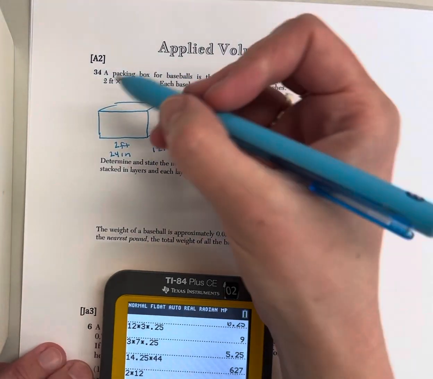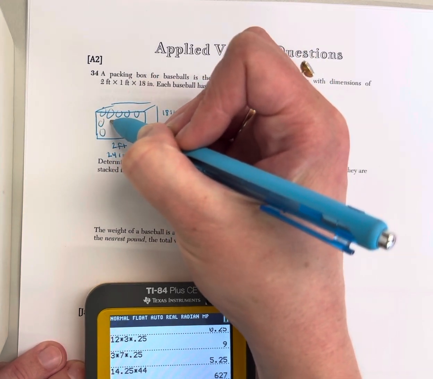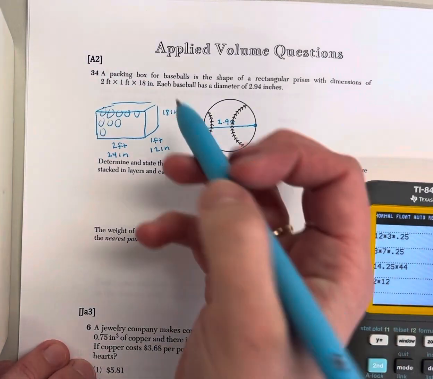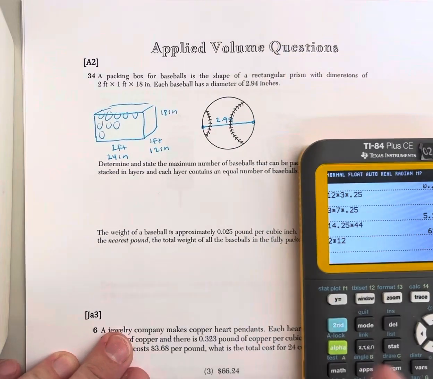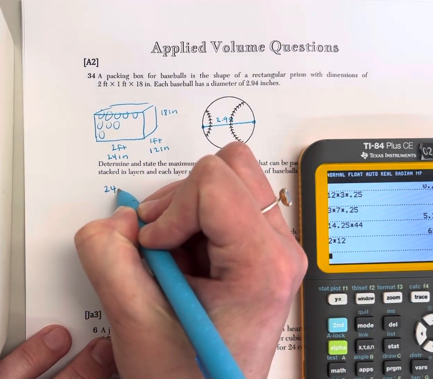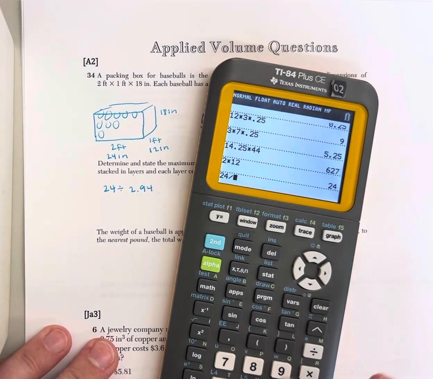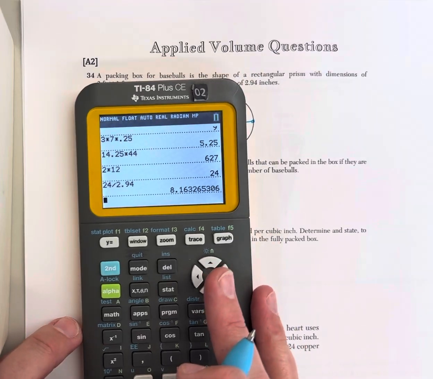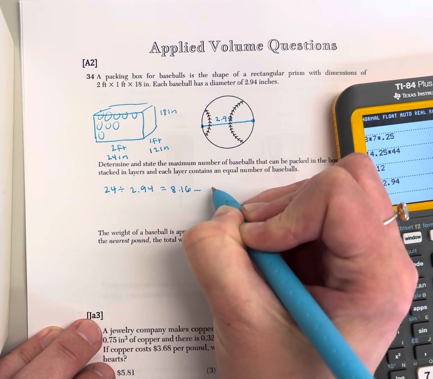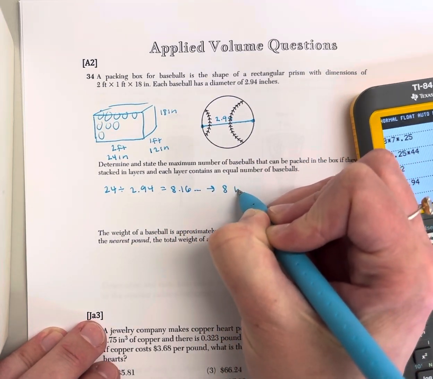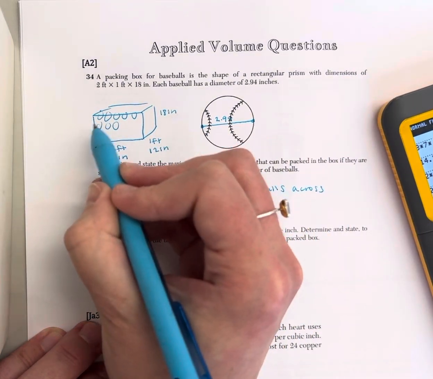So you're going to be stacking baseballs like this way. And you're going to be stacking baseballs this way as well. And we're trying to figure out how many baseballs we could fit. Every baseball is 2.94 inches long. So if I take 24 and divide it by 2.94, I'm going to get 8. But I got to round down because I can't have point. But I could do 8 baseballs across.